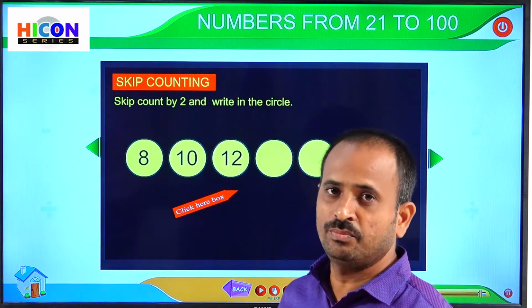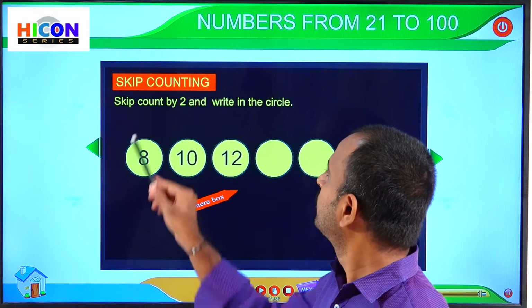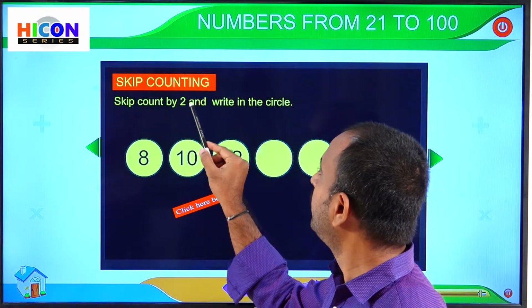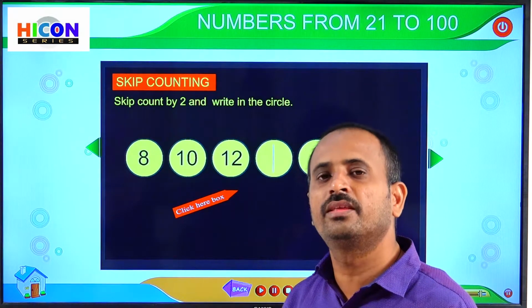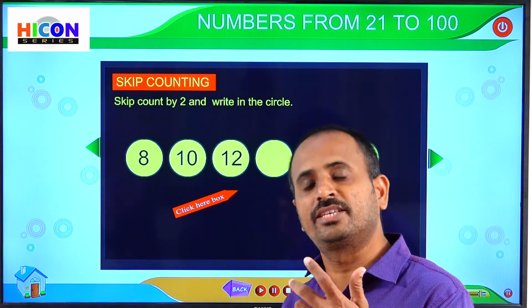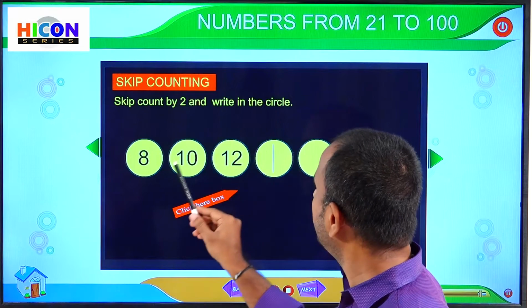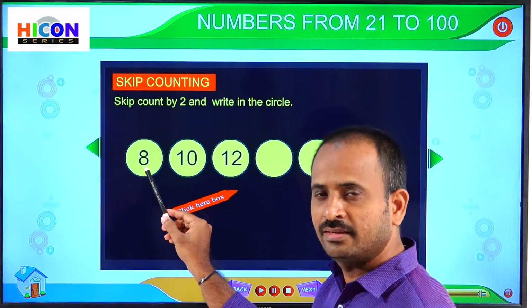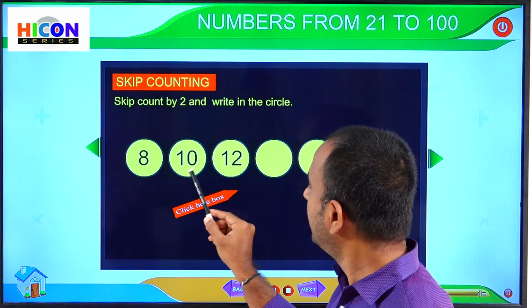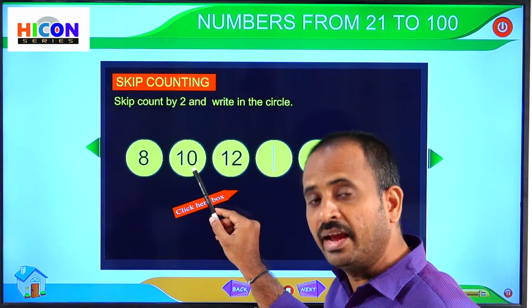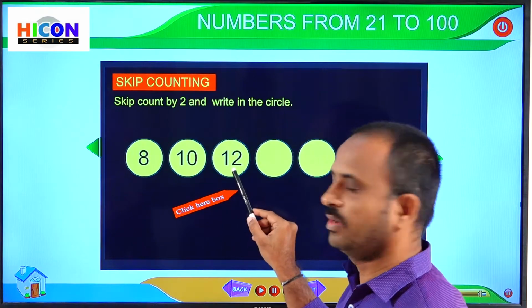Let us see an example of how to skip count by 2. By 2 means, children, we add 2 to the given number, then we get its next larger number. See here, the first given number is 8, and we add 2 to 8, we get 10. Again add 2, we get 12.